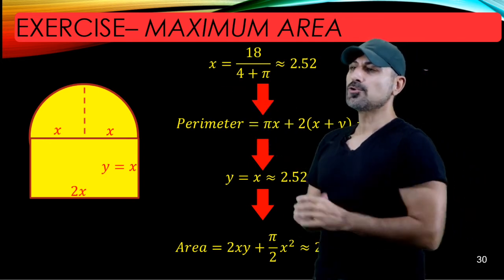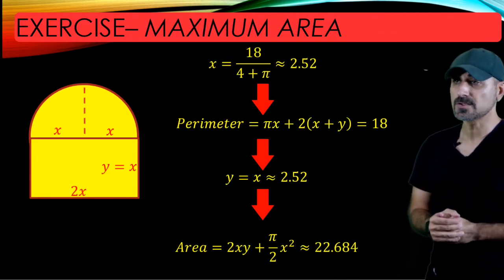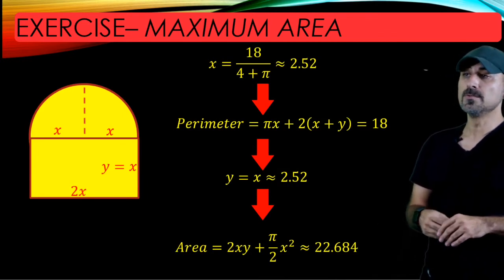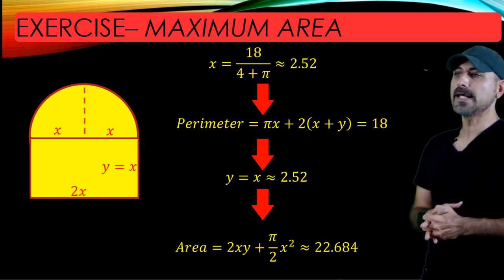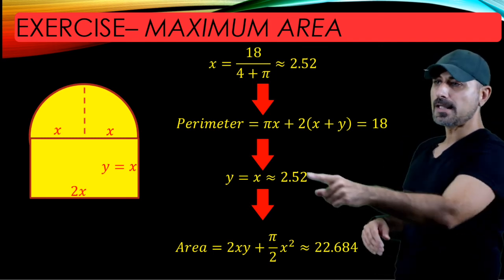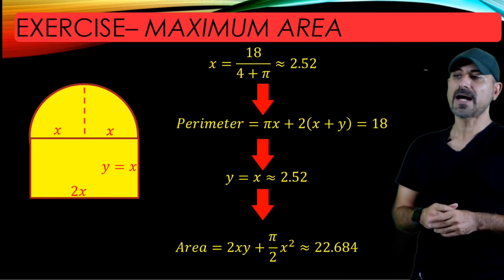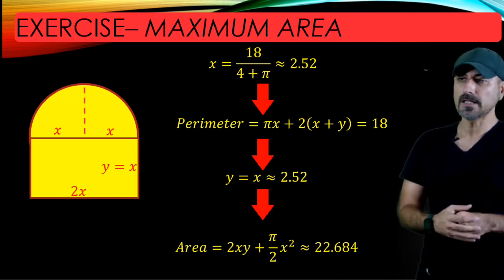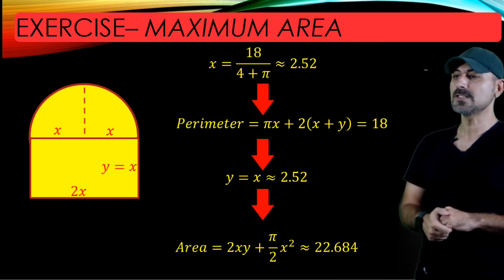Since x is found to be 2.52, the perimeter is fixed, which is pi x plus 2x plus y, and that should be equal to 18. So we plugged the x value back into the y equation, and we got y, in fact, equal to x. That is also 2.52, and the corresponding area, as I showed in the previous graph, is 22.684.